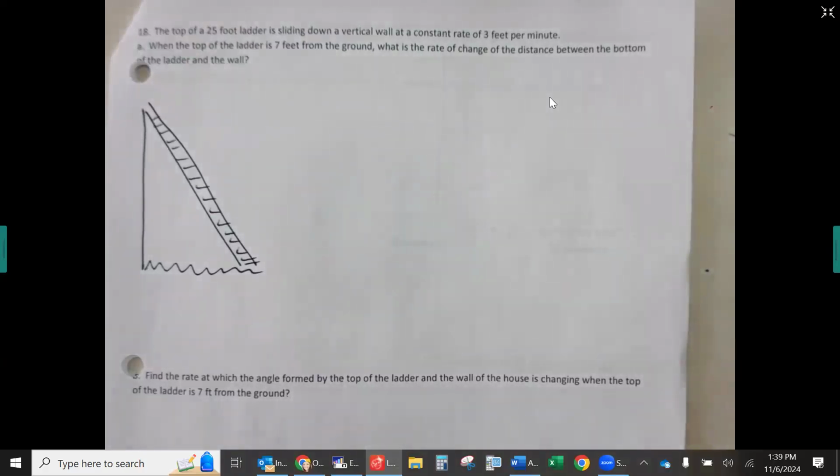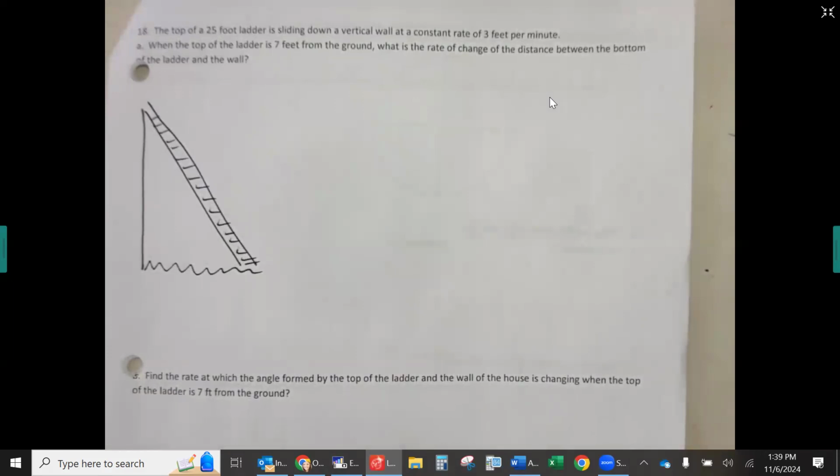Okay, first thing that's most important is if it is a fixed constant, you give it a number. If it's a variable, you need to pick a letter. So read through your problem and I want you to decide what the fixed constant is. Okay, the top of a 25-foot ladder is sliding down a wall at 3 feet per minute.